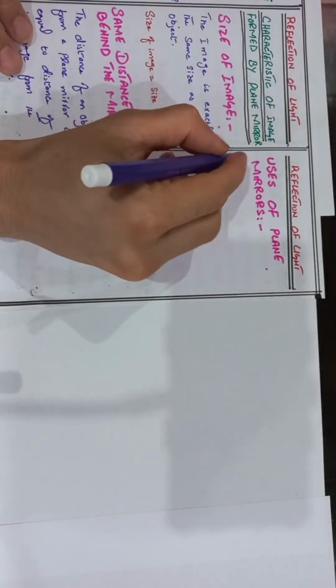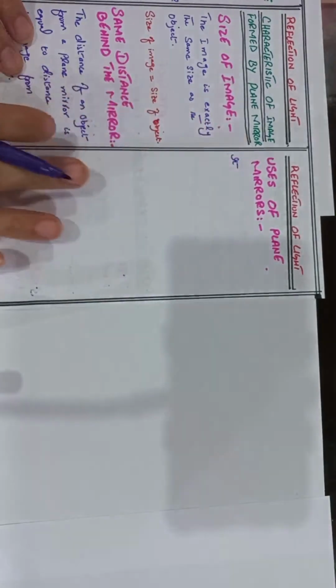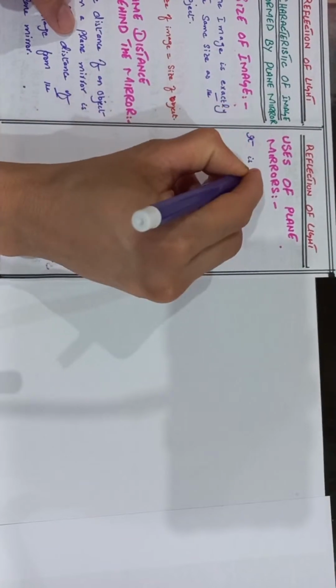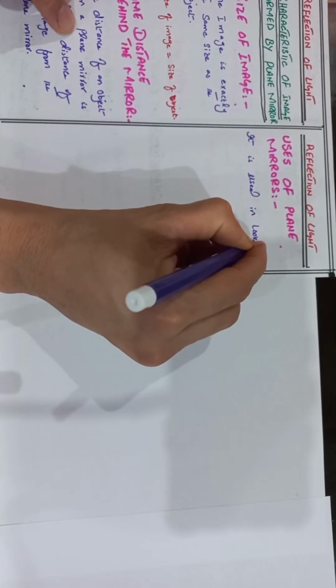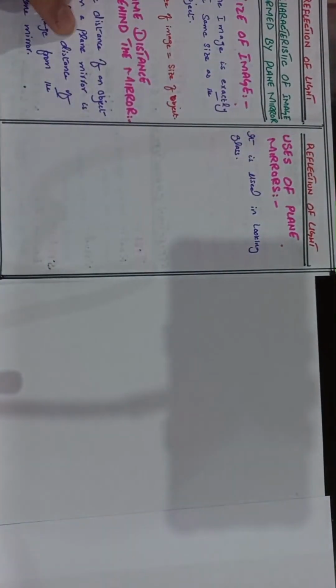First, the plane mirror is used in a looking glass. So here we write that it is used in a looking glass. Second, we can use the plane mirror in the periscope and kaleidoscope.